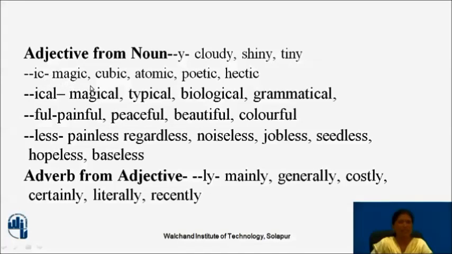Then ic: magic, cubic, atom, atomic, poet, poetic, hectic. Then ical: magical, typical, biological, grammatical. Full is added at the end of the word: penful, peace, peaceful, beautiful, colorful. Adverb from adjective: mainly, generally, costly, certainly, literally, recently.